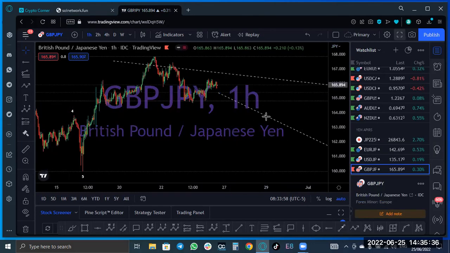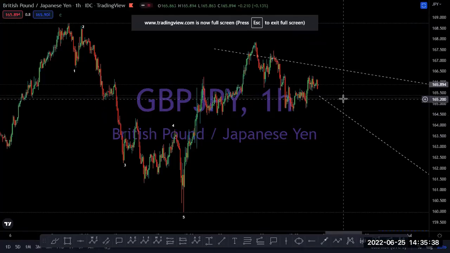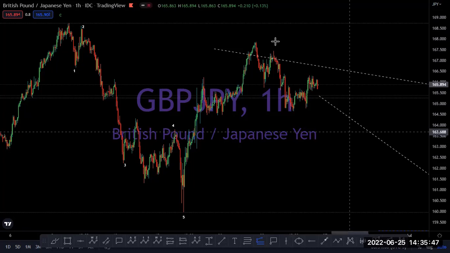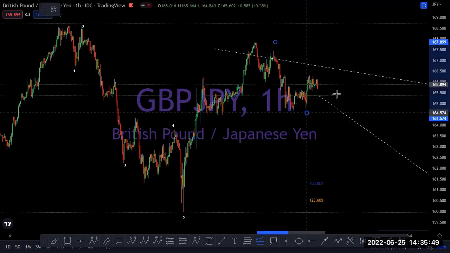I'm just making an analysis based on what I know. It's not a must that it happens the way I said it will. Then secondly, the selling might be a shallow one. For instance, something like this.